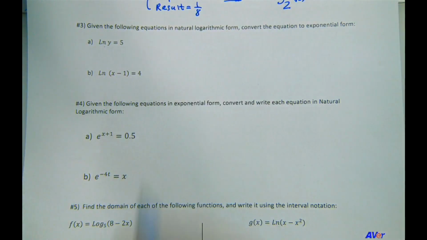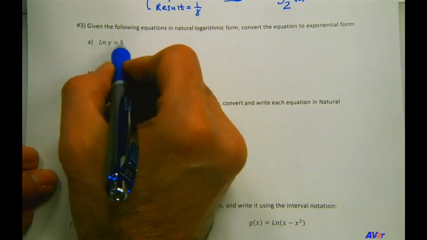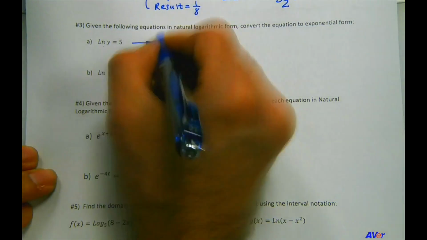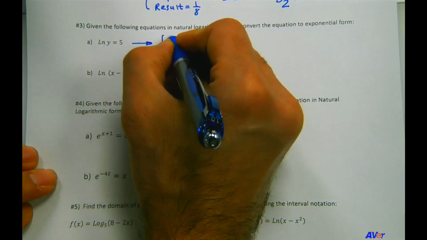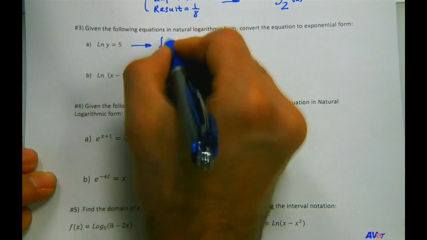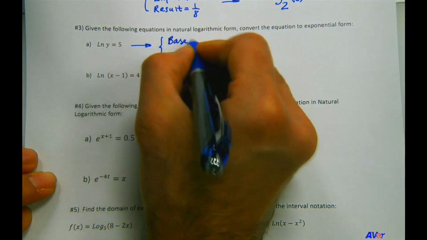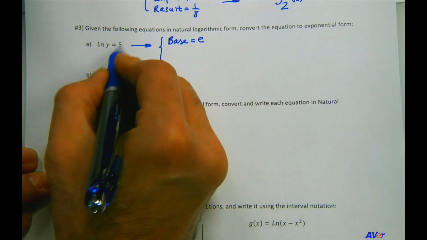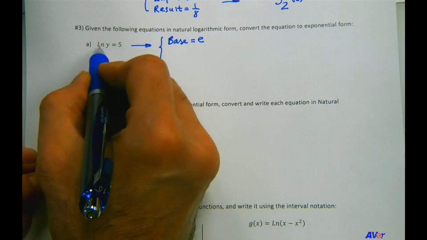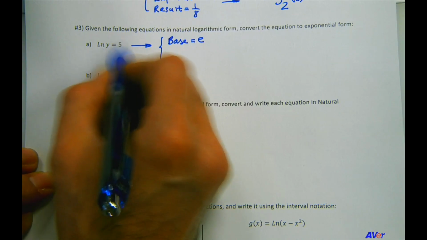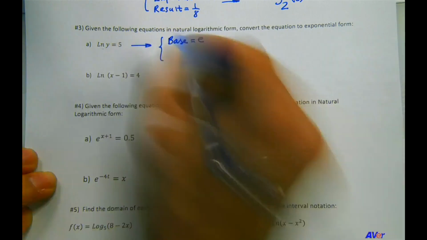Okay, let's do that. So this is a natural log. So the base is e. The exponent must be 5, right? Natural log and log functions generate or produce an exponent. So this number 5 is an exponent to some base.